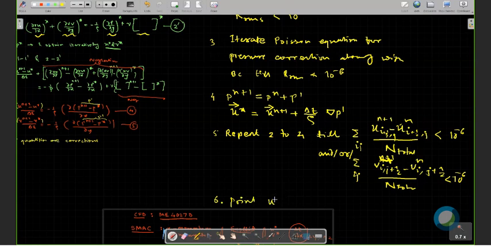Now u n plus 1 will finally become u star. So print the u n plus 1 values and p prime values, and whatever the purpose you have with these values, you can find out other quantities. This is how you have to solve this equation.